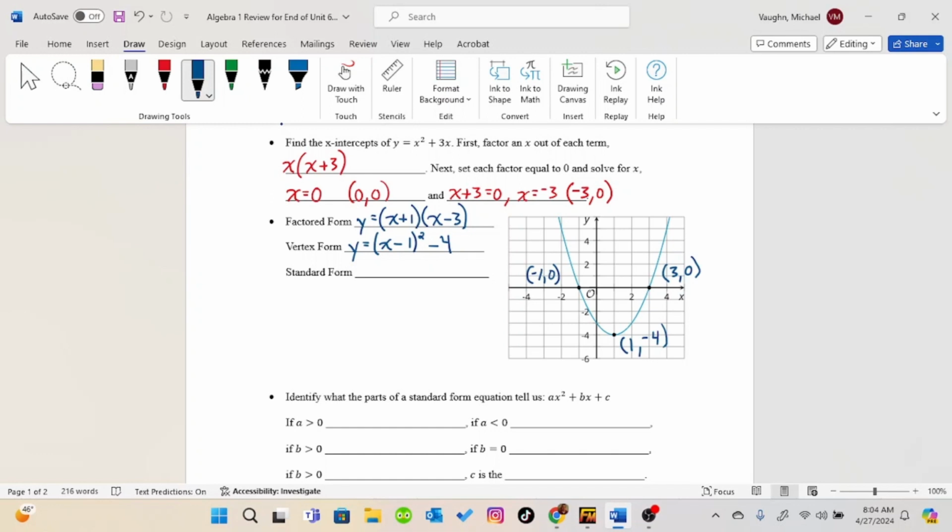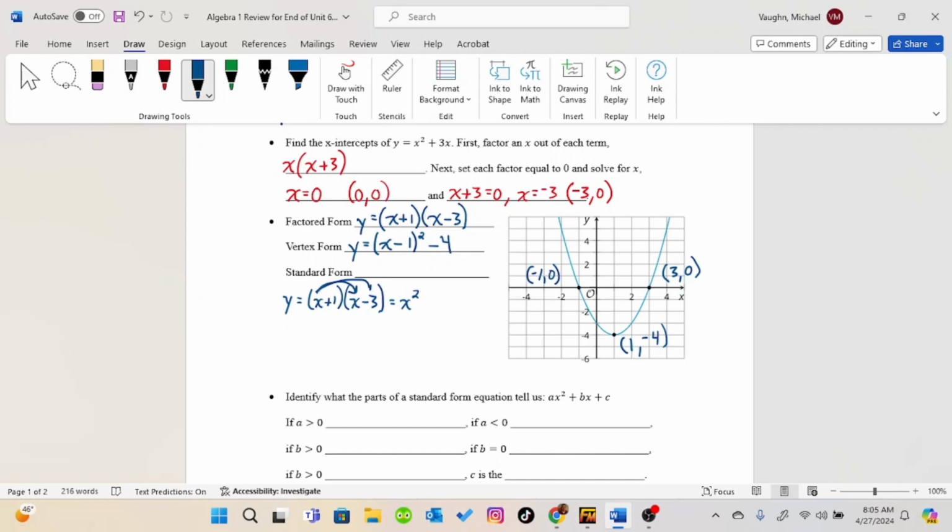Lastly, we need to find the standard form. To find the standard form, I'm going to take the factored form and I'm going to multiply the factors together. X times x equals x squared.